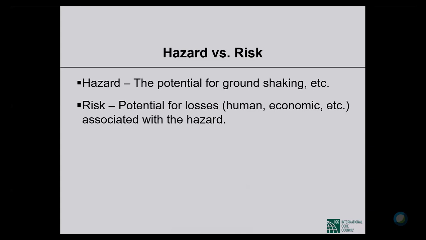If they're sturdy structures of sound construction, the earthquake risk is low, the earthquake hazard remaining unchanged. Okay? So hazard versus risk. Hazard is independent of the type of structures or infrastructure you have. The risk is very much dependent on what you have built and how.